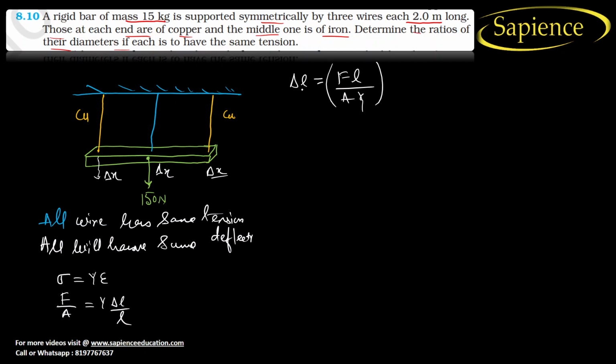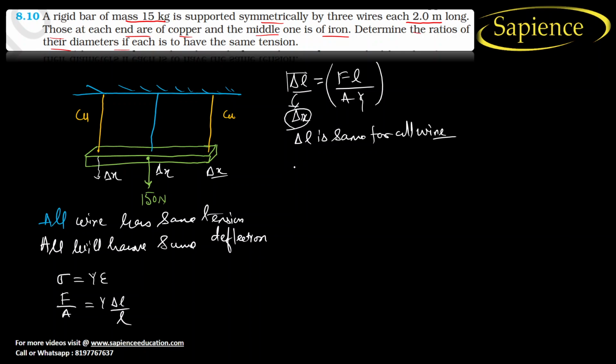Since delta L, that is the deflection that we have considered here as delta X, is the same for all, the same deflection is there, it means delta X or delta L is the same for all wires.